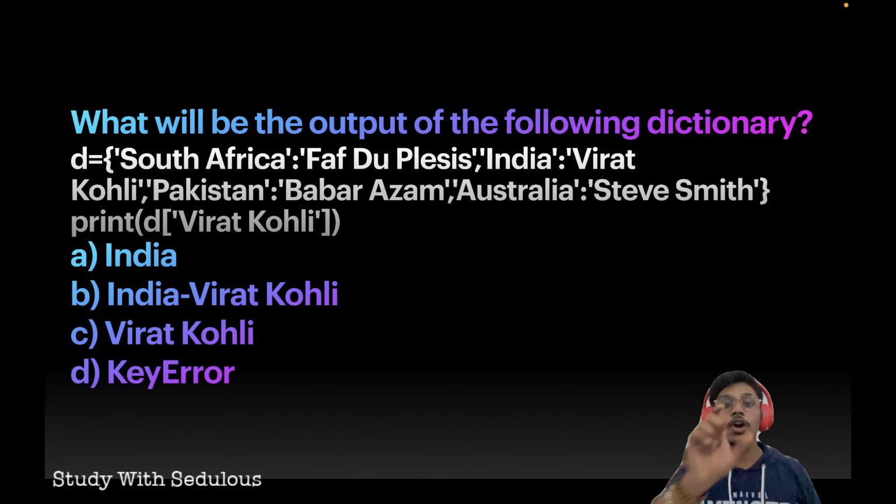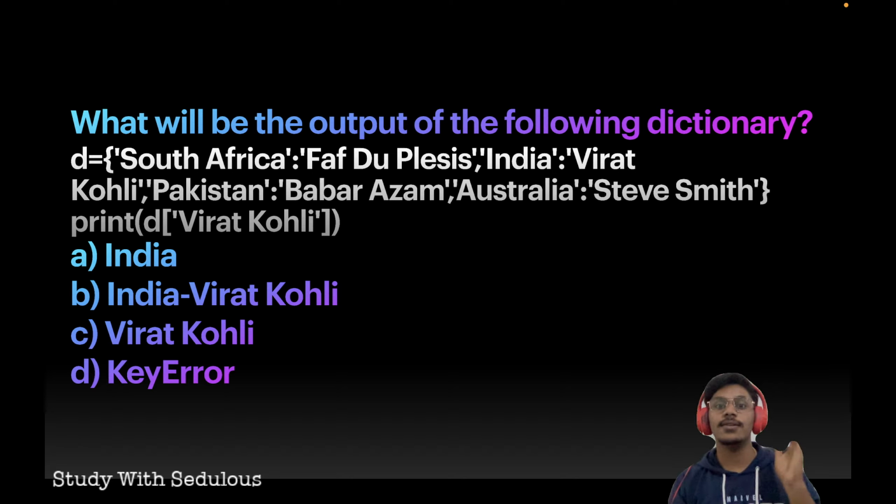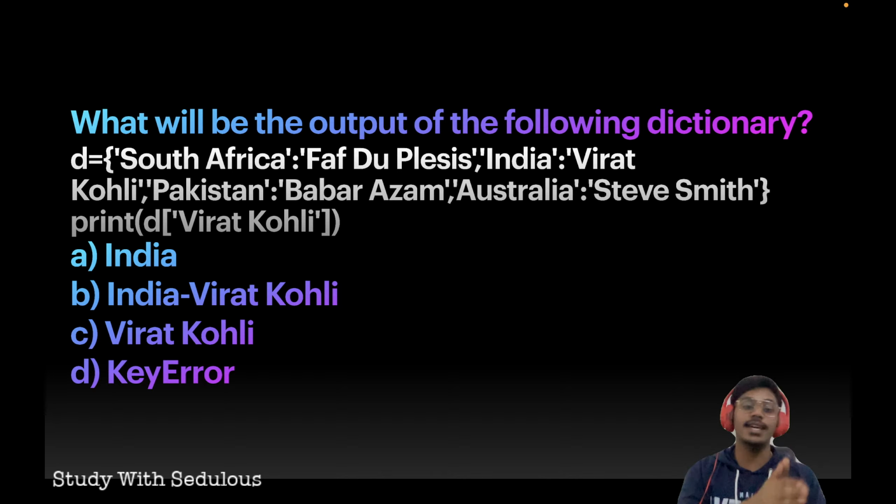Now, what will be the output of the following dictionary? The dictionary is South Africa: Faf du Plessis, India: Virat Kohli, Pakistan: Babar Azam, Australia: Steve Smith, then print D of Virat Kohli. What does it print? Here, every element in a dictionary is actually a value connected to a key.